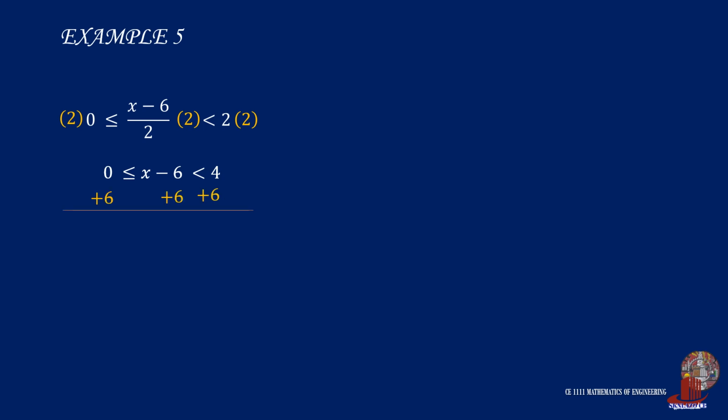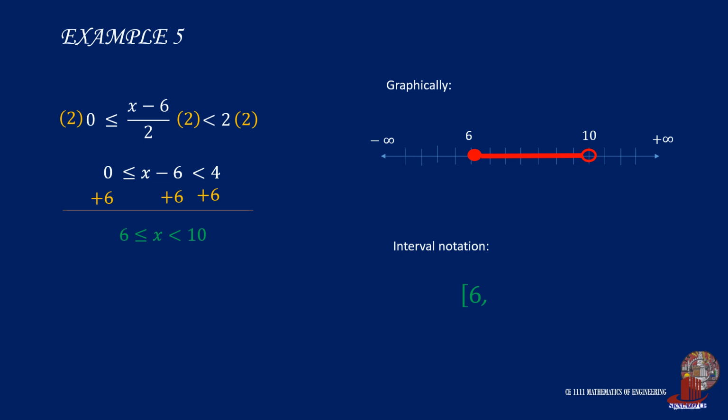Next is to add 6 to remove the constant with x. This will give 6 as less than or equal to x, which is less than 10. Graphically, this is shown as a filled dot on 6, then a hollow dot on 10, and they are connected. In interval notation, x is at the range of 6 inclusive and 10 exclusive.